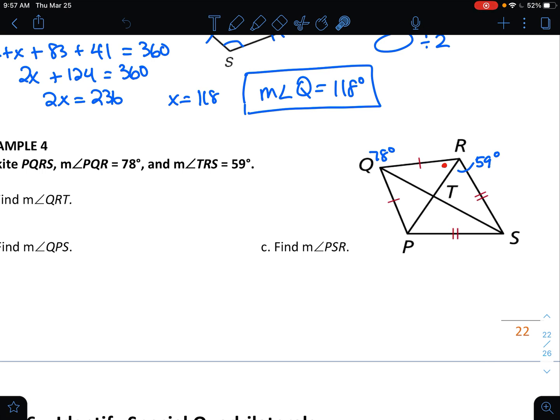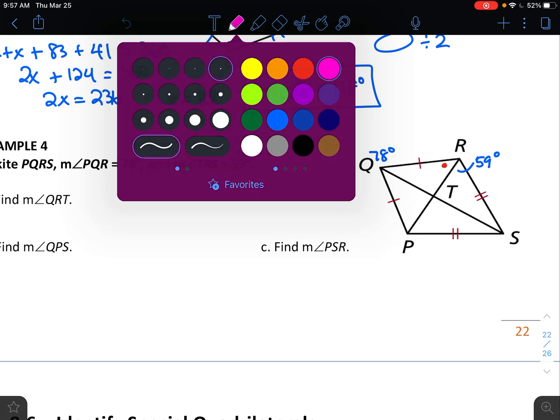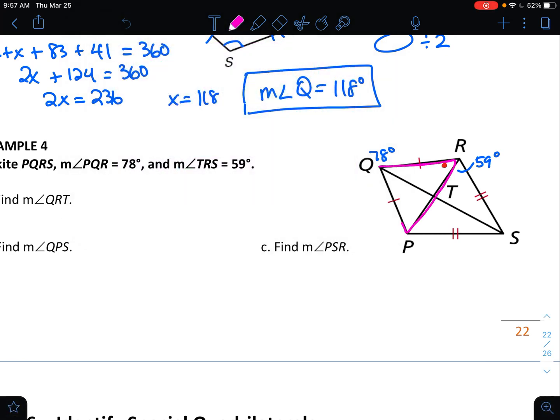But what I do know is, let me draw all over this and probably erase it. I do know that this is an isosceles triangle. And what that means is angle R and angle P over here are equal to each other because they're base angles. So if I know that this one here is 78 and these two are the same, I can figure these two out.